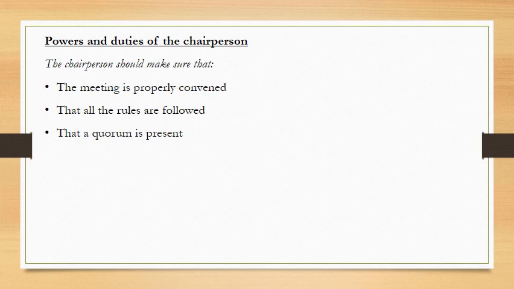So there has to be a quorum, normally half plus 1. So if there are 50 people in the organization, a quorum would be 26 people, which is half of 50 plus 1.